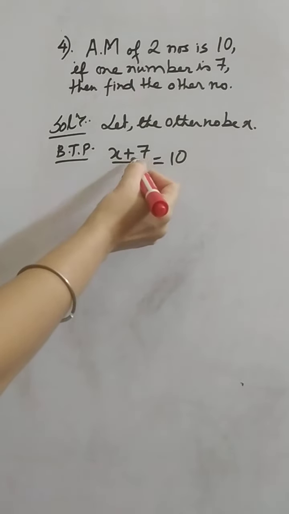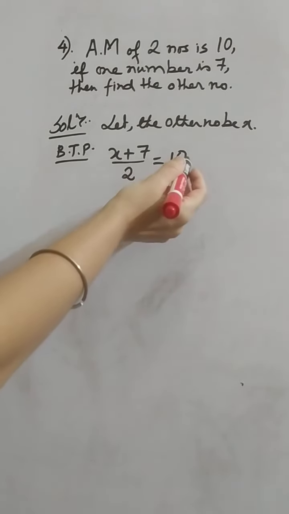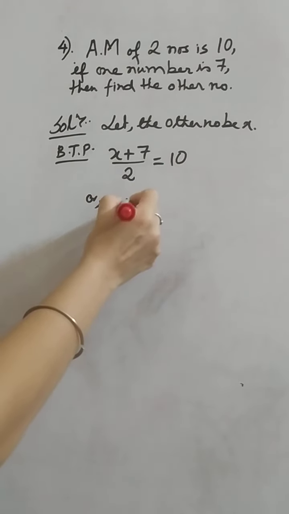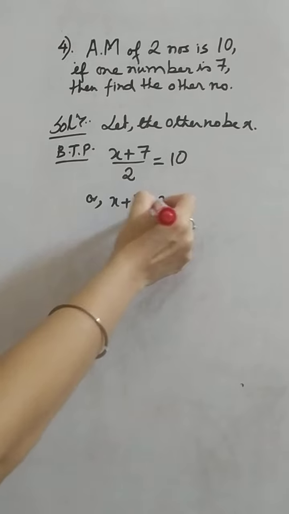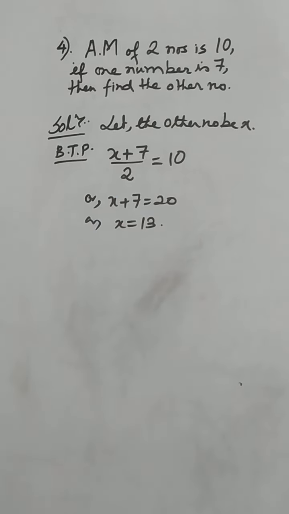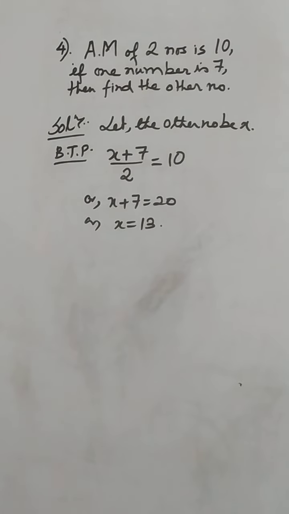X, one number, plus the other number by 2 is equal to the arithmetic mean. Or let's solve it. X plus 7 is equal to 20, or x is equal to 13. So the other number is 13. Clear? The arithmetic mean part. It is the average of the two numbers.